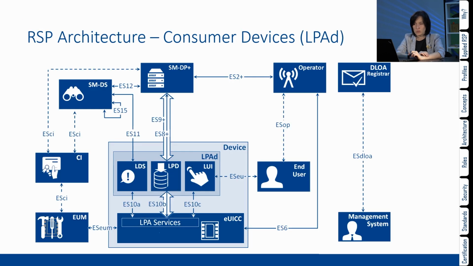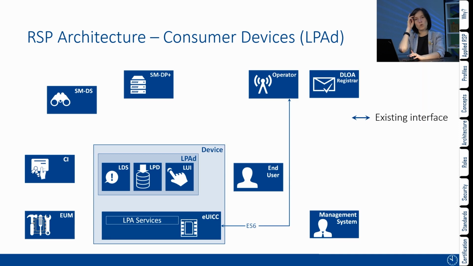Here, once again, the picture of the LPAD, the consumer device architecture, and the interface going to the LPAD. The existing interface is the ES6 interface, which is not changed compared to the M2M world. This is the interface from the operator to the EUICC, called the ES6 interface.